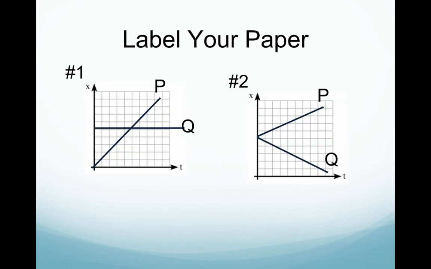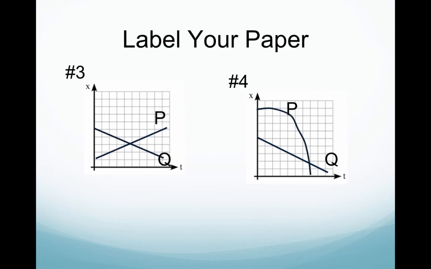So, number 1, label it as P and Q, Q being the flat line. Number 2, P goes up and Q goes down. Number 3, P goes up and Q goes down.